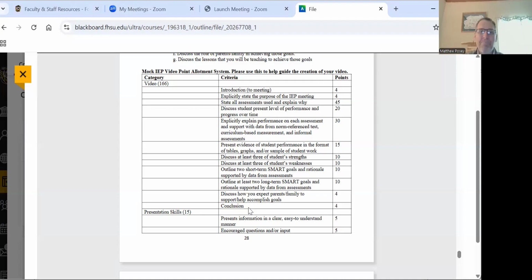Confidence, being able to explain the data. You've been immersed in it all during these 8 weeks, this class. Just being able to relay that information to the parent in the flow of the meeting, being prepared and being able to flow right through that meeting.